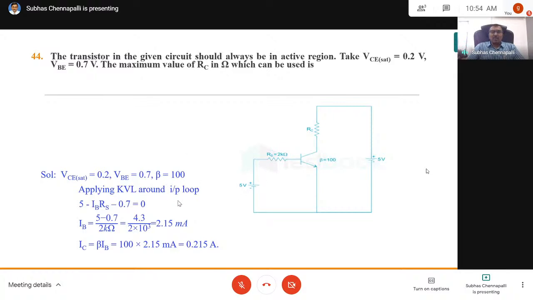Applying KVL around the input loop: 5 volts minus IB RS minus VBE 0.7. So current IB is 2.15 milliamperes, and what is asked is the maximum value of RC. Then IC is beta times IB, 0.215 amperes.